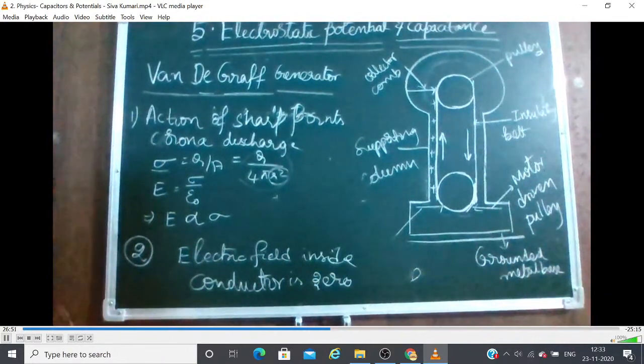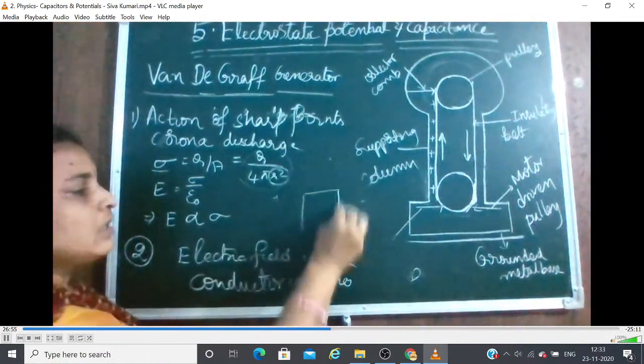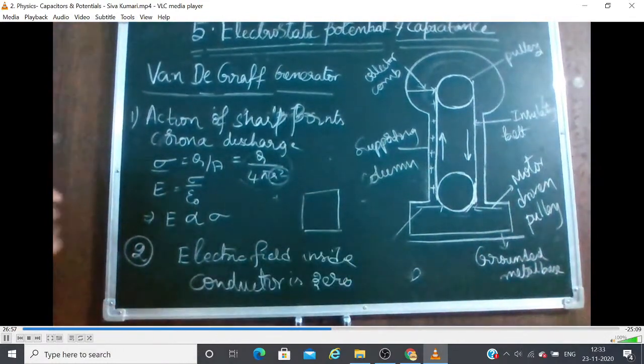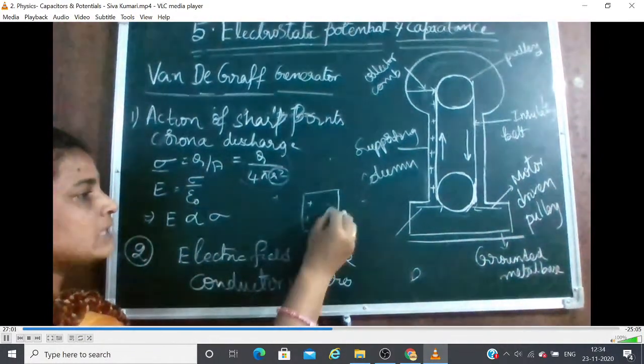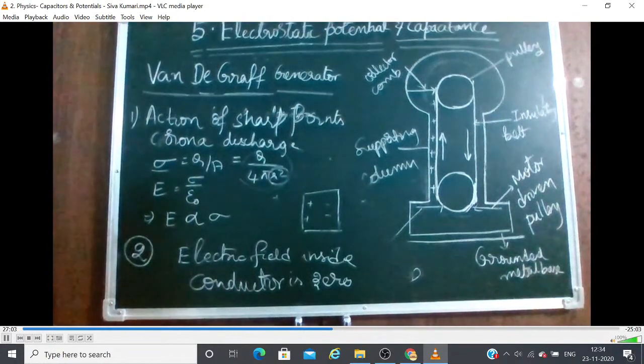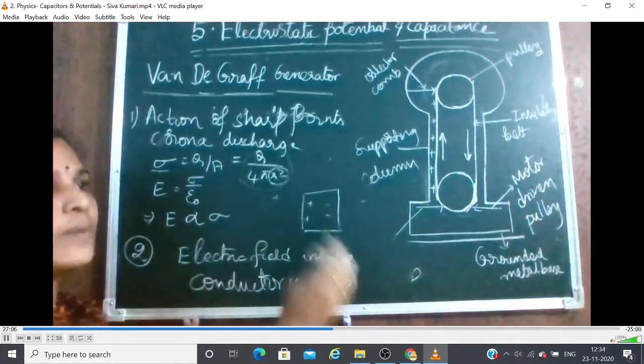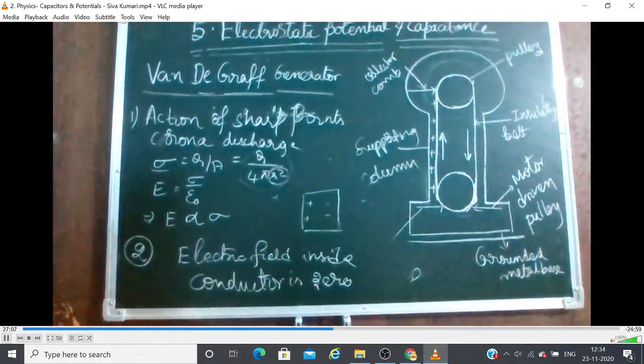I already told you in the electrostatics of conductors that inside a conductor the electric field will be 0 because of balancing on either side of the conductor, so the charges will reside on the surface only, not inside the conductor. So the electric field inside the conductor is 0. Based on these two principles, the Van de Graaff generator works.